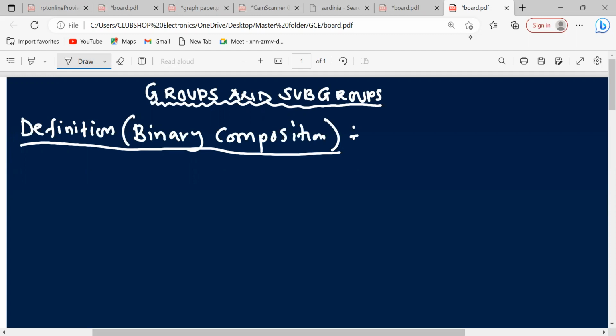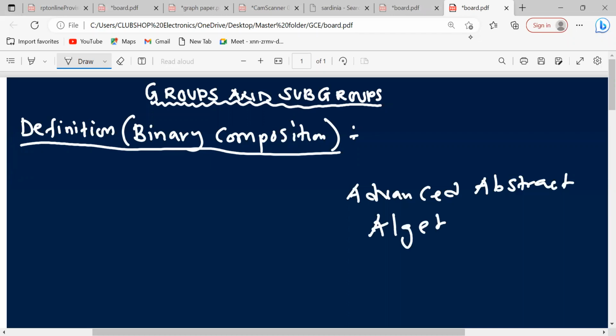These concepts can come under the course advanced abstract algebra. Others would call it modern algebra.